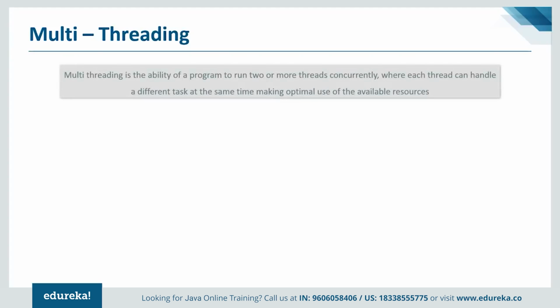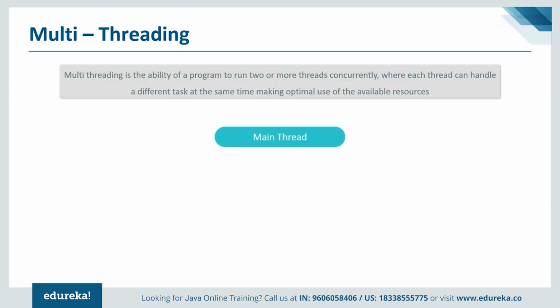So what is multi-threading? Multi-threading is the ability of a program to execute more than one thread concurrently, where each thread is handling a different task at the same time, right? So that the available resources can be utilized in the most optimal manner.